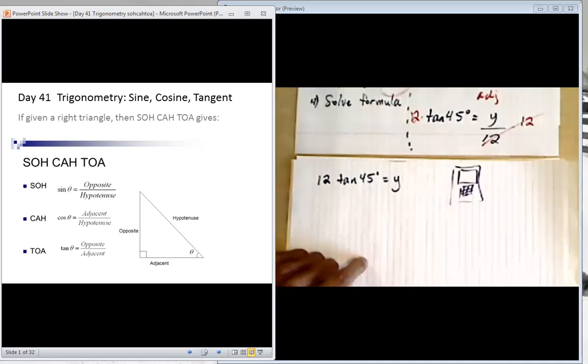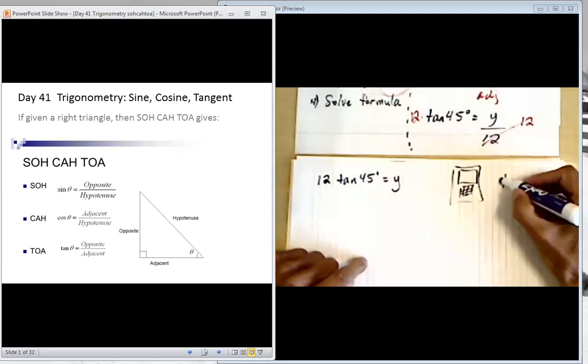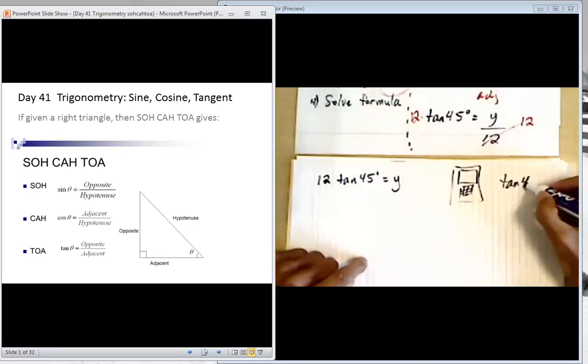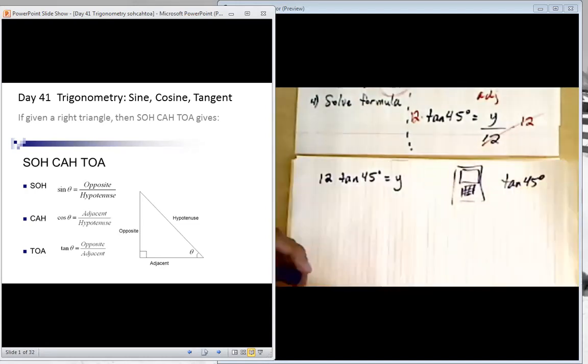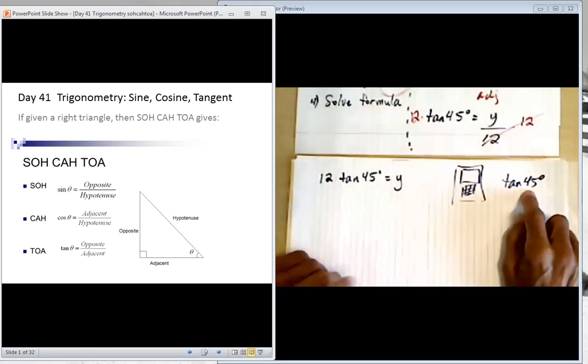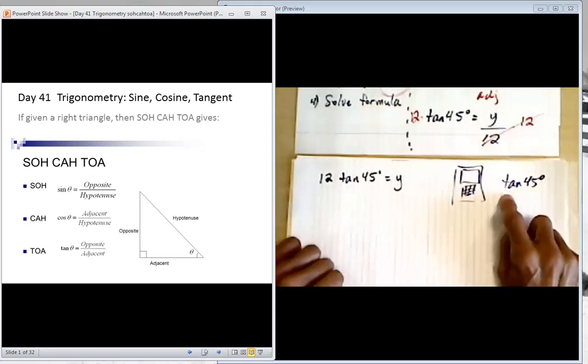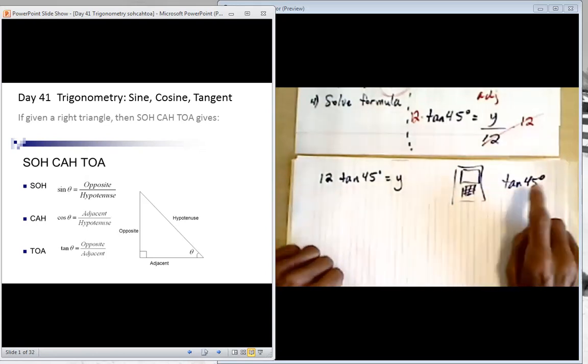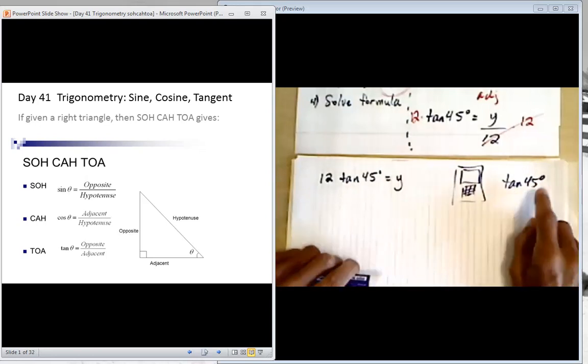So in your calculator, you've got to figure out what tangent of 45 is equal to. Depending on the calculator you have, you might have to put the 45 in first and then press tangent, or you have to put tangent in first and then 45. You've got to get it figured out.